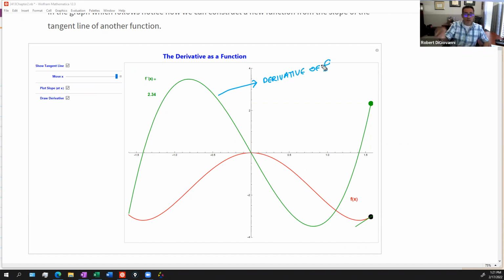It is a new function though, okay? We start with the original function f. From that original function, we can create a new function, which is its derivative. And that derivative tells us about the pitch of the line on the red, the pitch of the tangent line on the red function at every point in time.